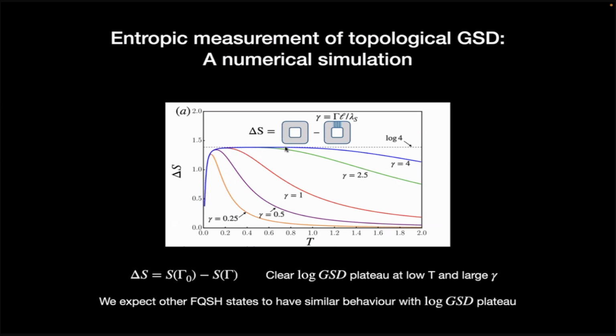So we observe this plateau of log 4 for a range of temperature. We expect this to be true for other fractional quantum spin states as well. But for the non-Abelian orders, we do not have a very nice edge theory to do numerical simulation, but we believe similar behavior should still be true for the other fractional quantum spin states.